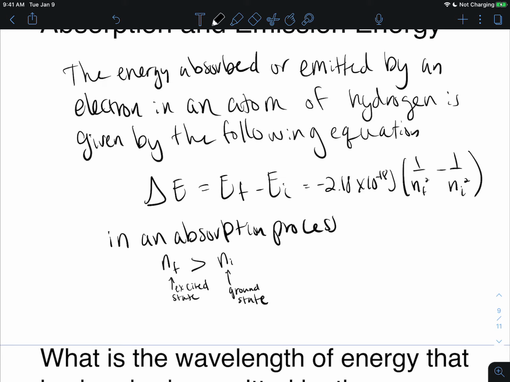So n final will be greater than n initial. And when we put this into the equation, this will result in a delta E that is positive, an absorption of energy, which is why delta E is positive.